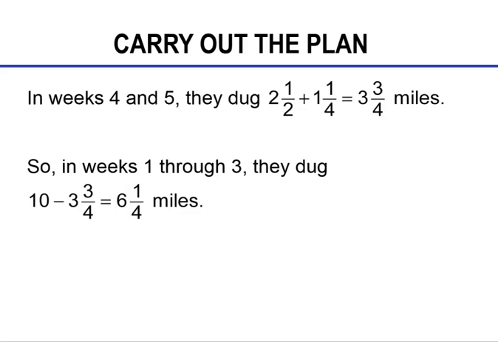But just in case you're struggling with these calculations, we cannot add these mixed numbers until we have a common denominator, right? And we have a 2 and a 4. The common denominator there is 4. So I'm going to multiply this first fraction by 2 over 2. That's going to give me 2 2/4 plus 1 1/4.